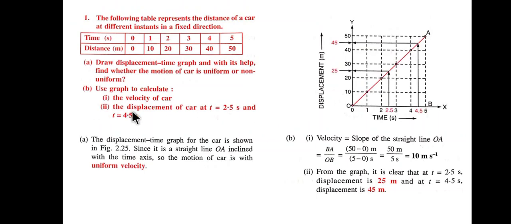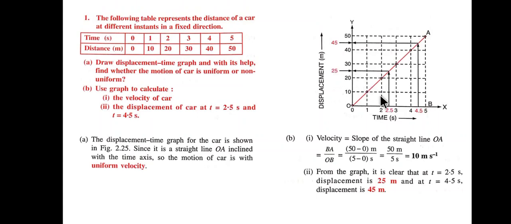Now we have to find the displacement of the car at t equals 2.5 seconds. So when time is taken as 2.5 seconds, we'll take the mark of 2.5 seconds on the graph, and we'll produce the line to meet the graph over here. And from here we'll take the line which falls on the same point on the y-axis. On the displacement axis, it reaches the point 25.